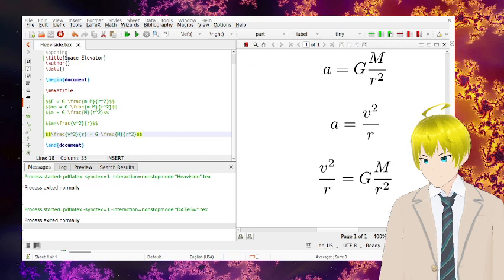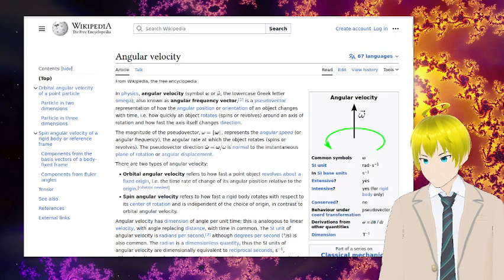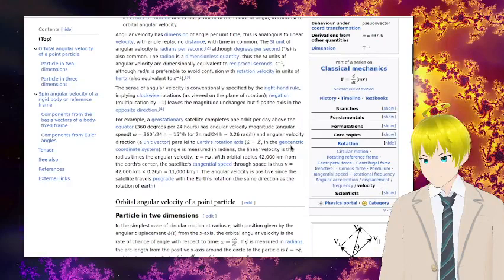I don't want to be wrong. It's hard to think when you're streaming angular velocity. Let's look it up. It's always good to look these up. Here it is. They use this omega symbol for angular velocity.